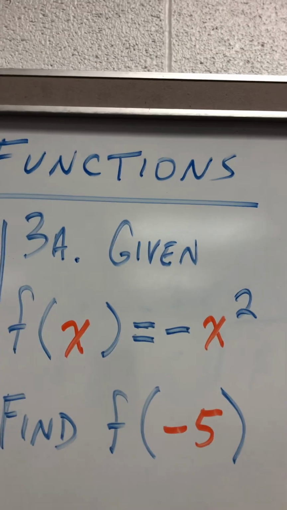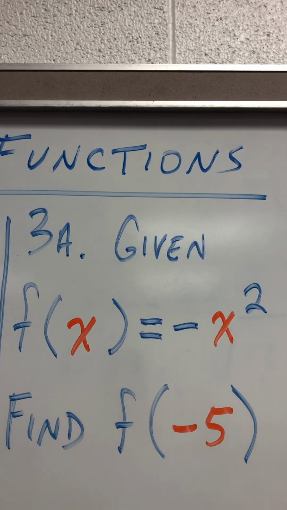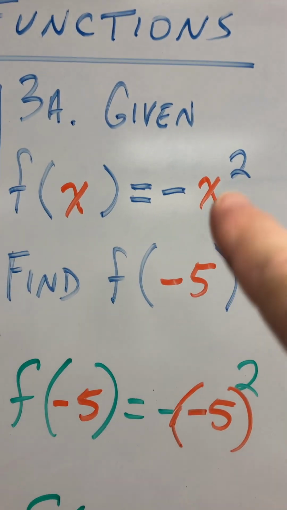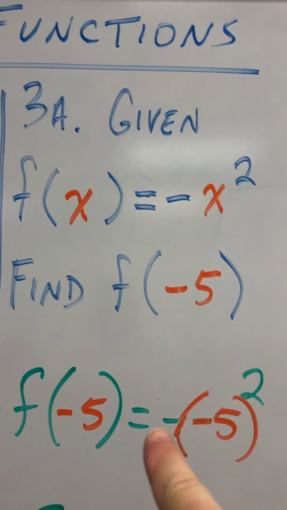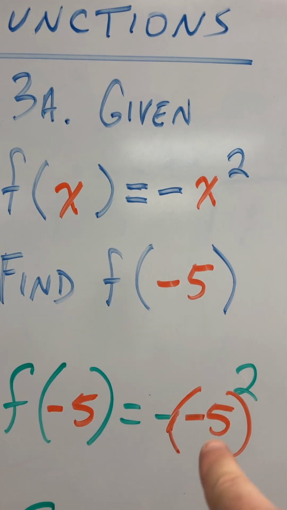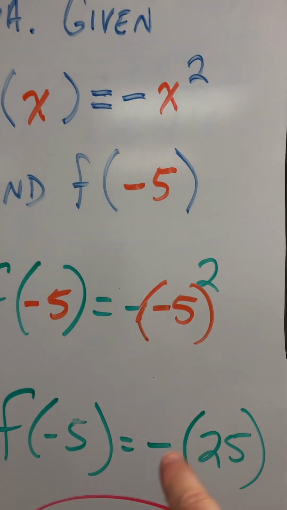Now, what if x is negative 5? Well, guess what? You're going to wind up doing the same thing. Instead of x, you're putting in negative 5. Notice how I don't lose that negative there. But in this case, I do negative 5 times negative 5, which is, again, positive 25.